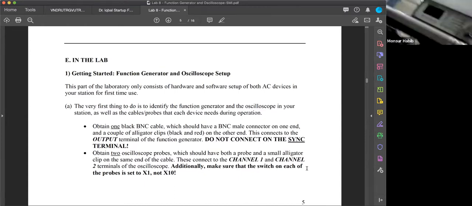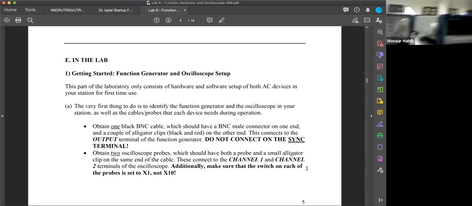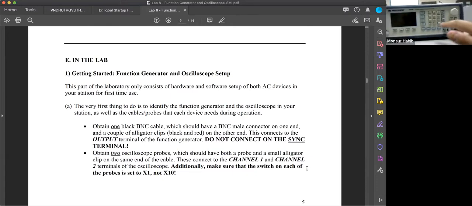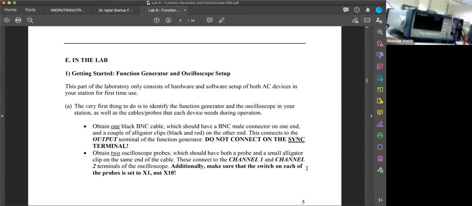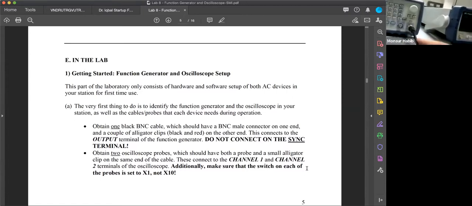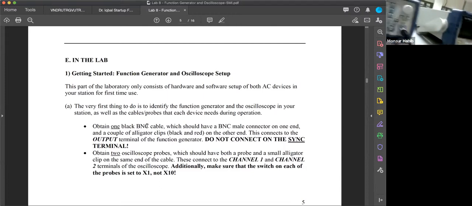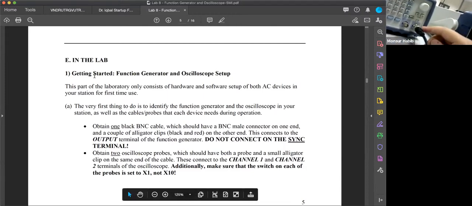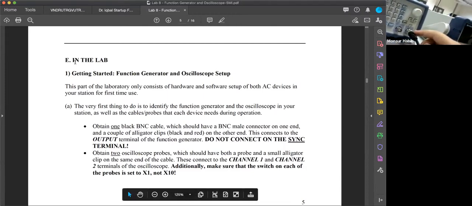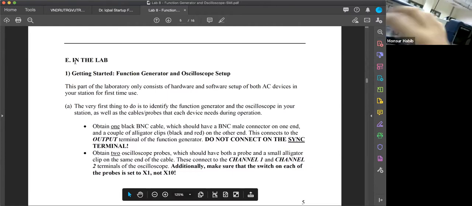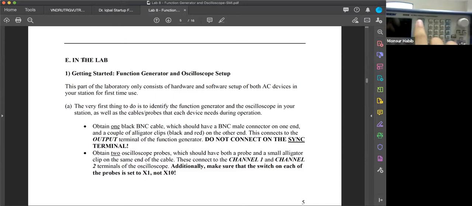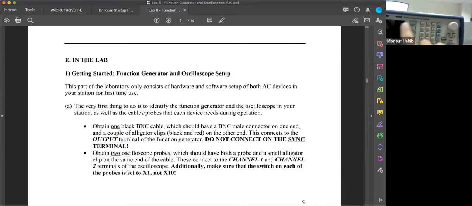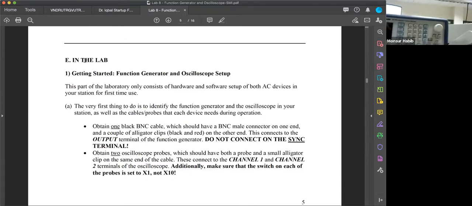So as you can see right here, this is a signal generator. This right here is where you get the output from. So let's say you set it to sine, so it gives an AC sine signal.